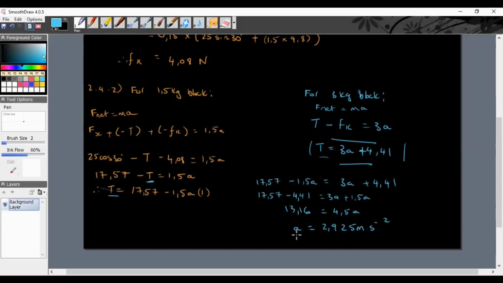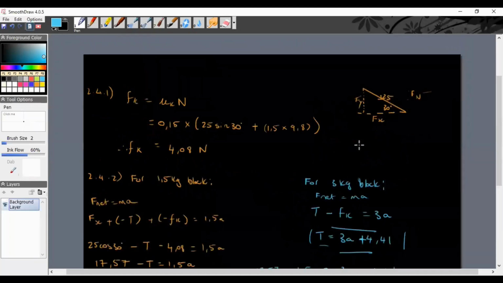You still need to calculate the value of tension. It would be easier to substitute this value of acceleration straight into our second equation, T equal to 3A plus 4.41. Let me clear this half of the board quickly.